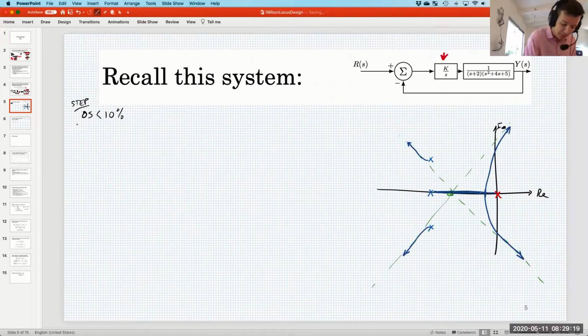Okay, so I think one way to interpret that is that we want a DC gain of 5. Right, because in steady state, a step input looks like a DC input. And so I think what we'd like is in DC or in steady state conditions, 1 volt in gets us 5 volts out, or whatever units, as you say.